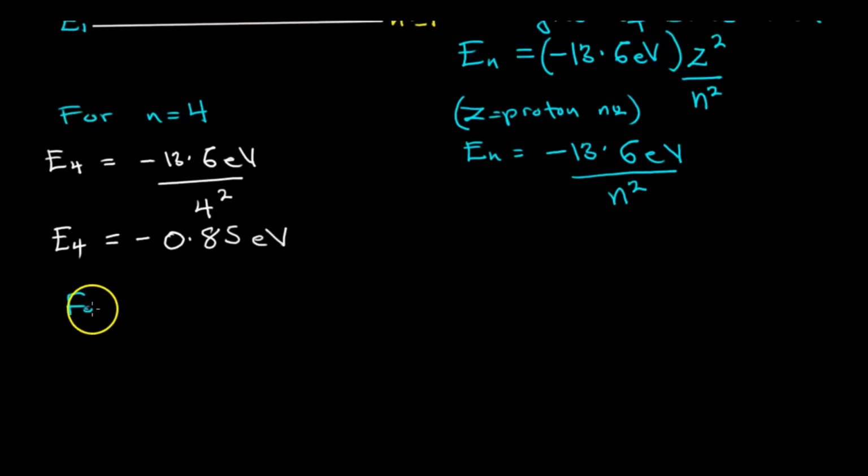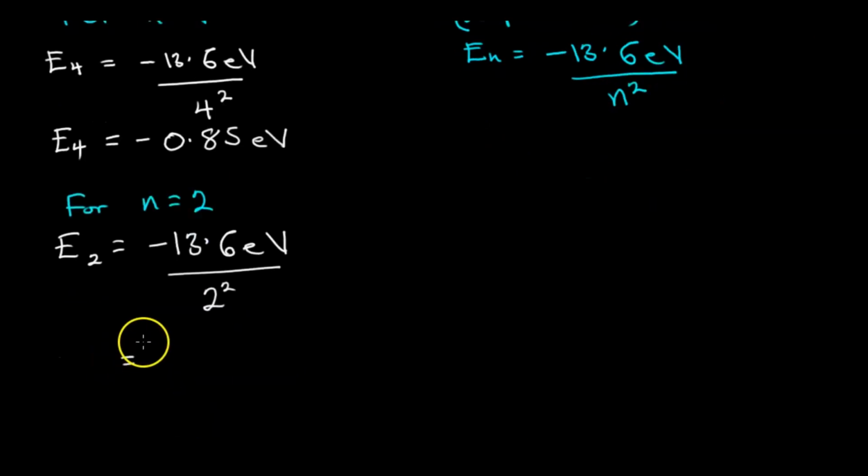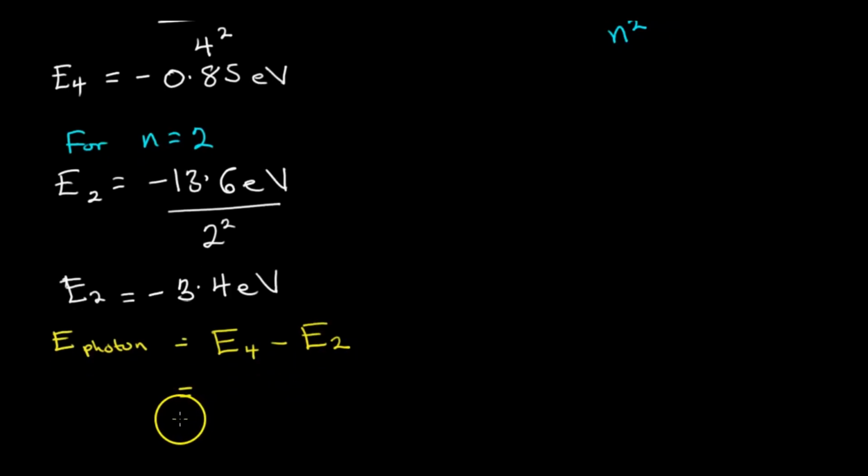Now for E2, n equals 2. E2 is equal to negative 13.6 electron volts divided by 2 squared, which is also equal to negative 3.4 electron volts. We've mentioned earlier that the energy of the photon is equal to the difference in energy during transition. And now we have the values of the energies.